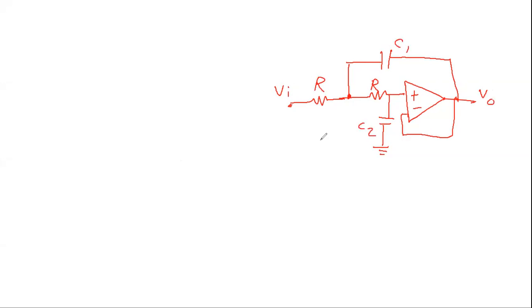We need to design this circuit based on the following information. We know that H0, which is the same as H of 0, is K, which is 1 in this case. So the gain here is 1. And since it's a Butterworth, what does this mean in terms of Q?